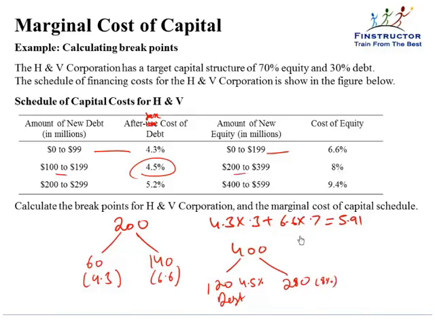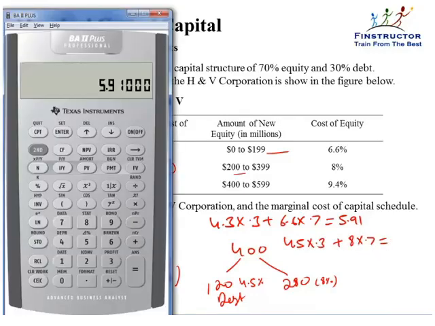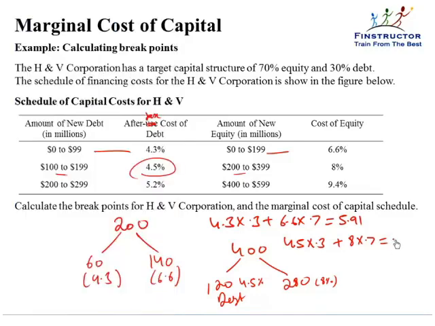Let's compute the WACC again. It will be 4.5 into 0.3 plus 8 into 0.7. That is 4.5 into 0.3, store it in 2, 8 into 0.7, store plus 2, and you can recall 2 to see the sum, that is 6.95%.